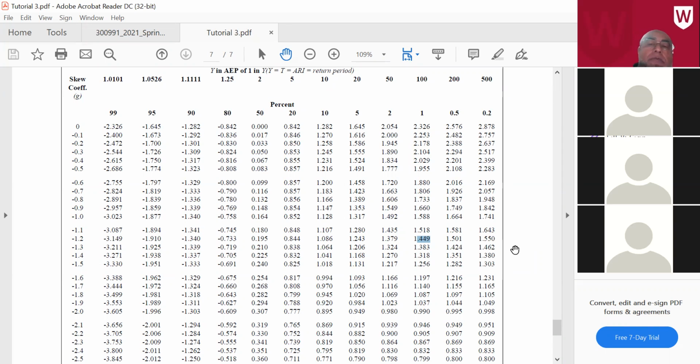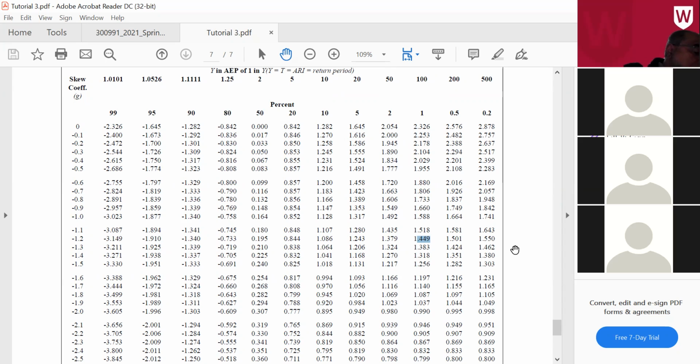Which T? 50 or 100? For K50, I got 1.373379.